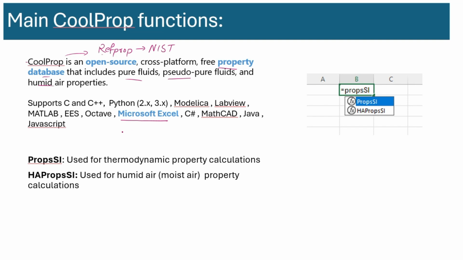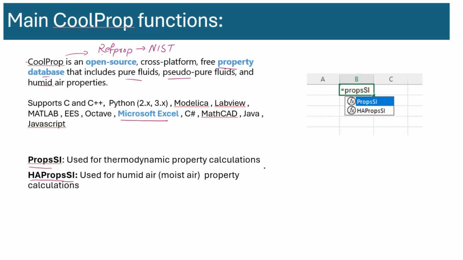And there are several formulas and functions, let's say maybe 5 to 10 formulas and functions that CoolProp provides you. And the most important ones are the PropsSI and the HAPropsSI that we will be using for psychrometrics.